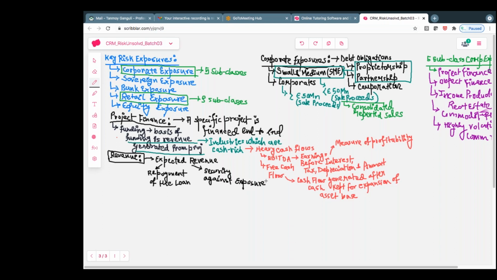Right. So these are the two uses to which this expected revenue in a project finance can be put, right?